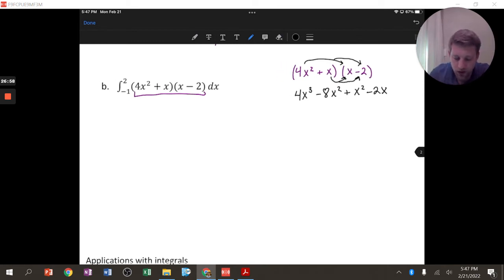So when I rewrite this, it looks like we can combine these two individual terms. When I rewrite my integral from -1 to 2, we'll have 4x to the third power minus 7x squared, and then minus 2x dx.